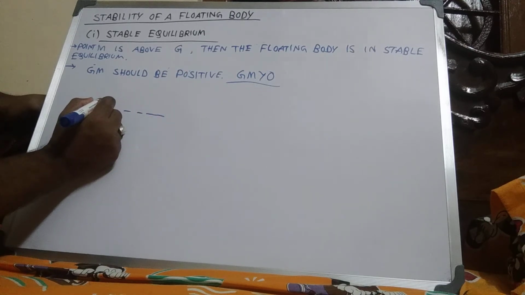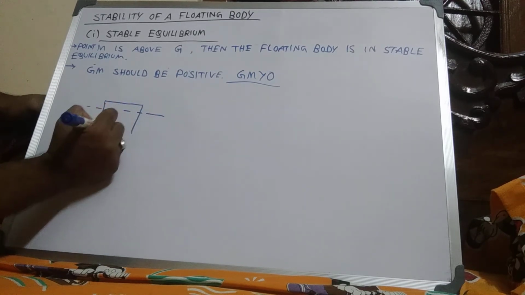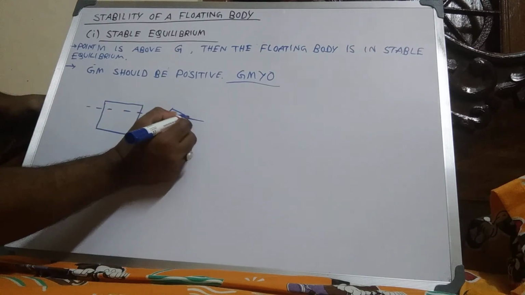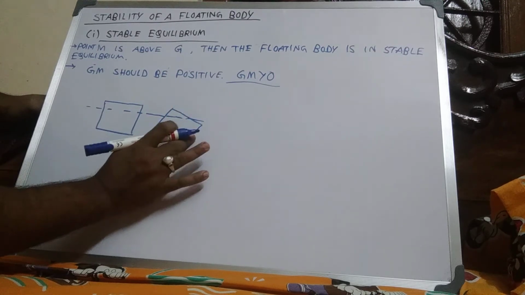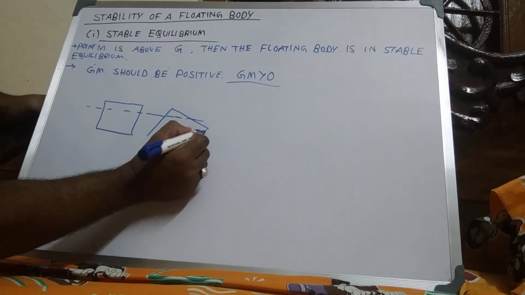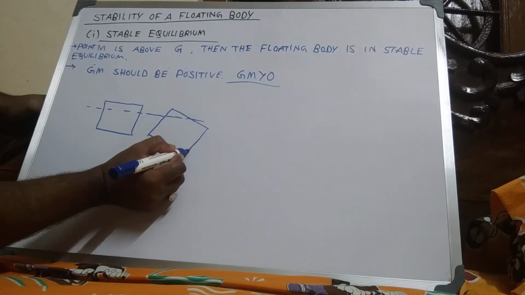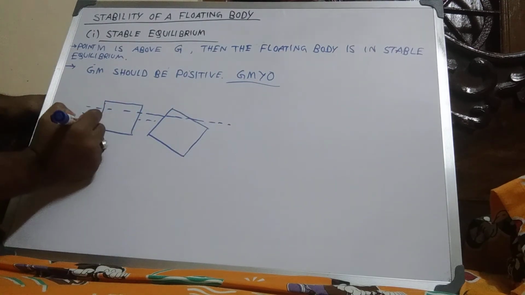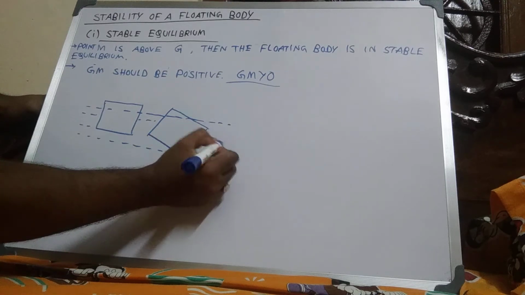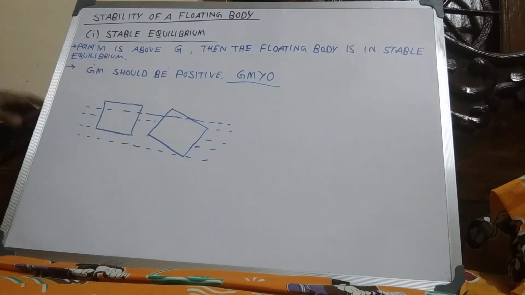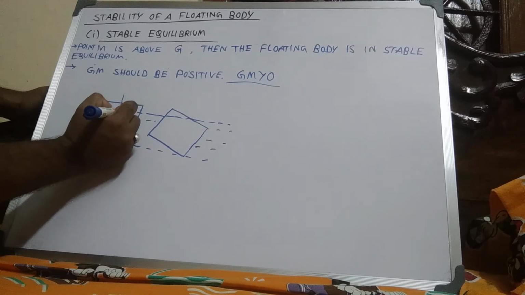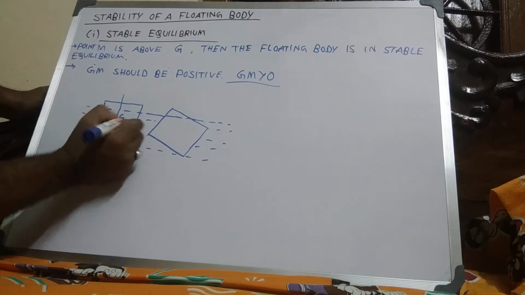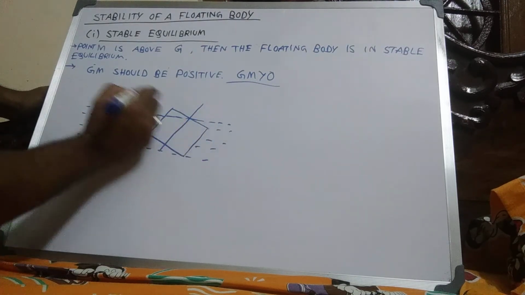Now stable equilibrium: suppose this is the floating body. This is G, this is B. This is the normal axis.